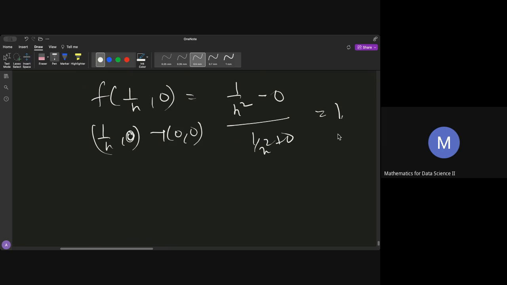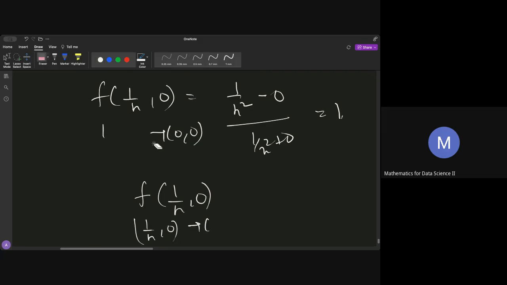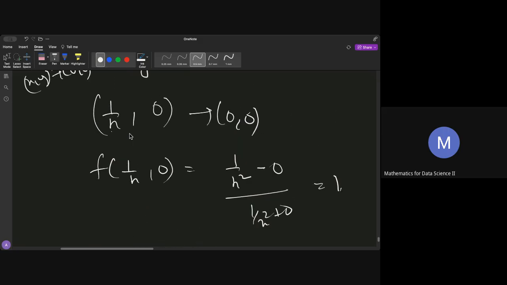It's a constant function. That means the limit of f(1 by n, 0) as (1 by n, 0) moves to (0, 0), or instead of writing this, I can simply write n tends to infinity, because we've chosen those kinds of sequences which go to (0, 0) when n tends to infinity, right?